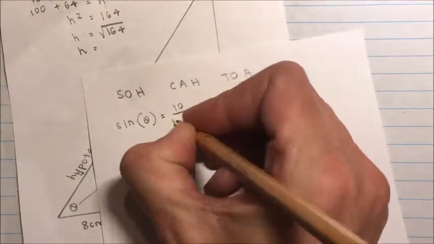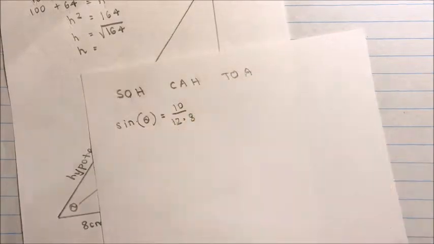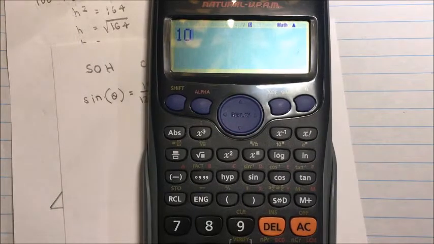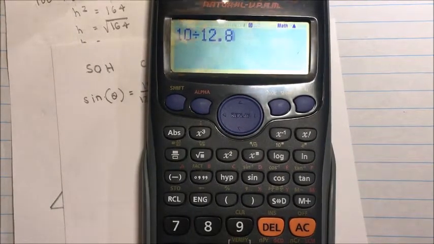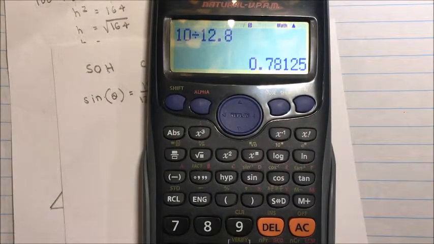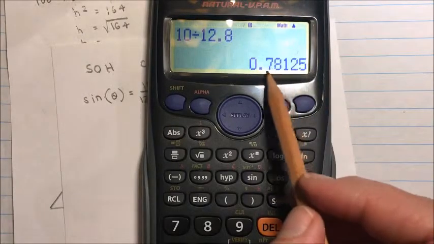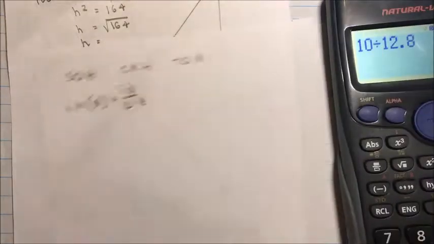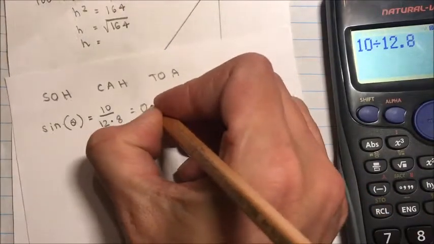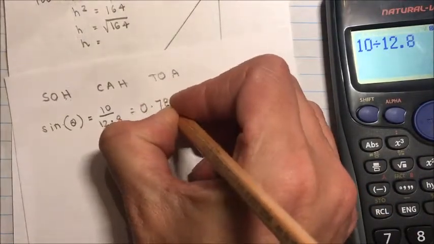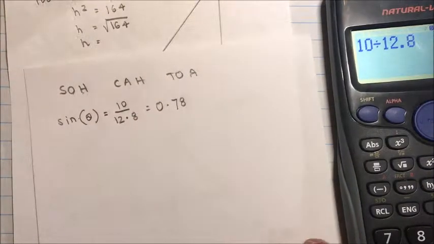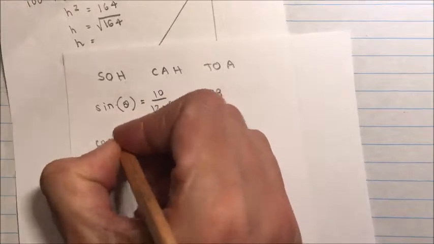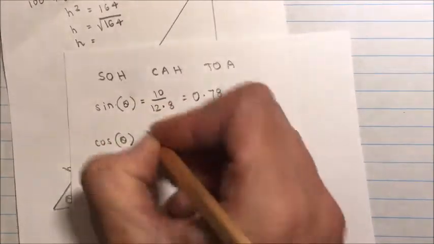So 10 over 12.8, and I know that just means 10 divided by 12.8 equals, now this time I'll round it to 2 decimal places again. Decimal place 3 is a 1, so this stays at 0.78. Excellent.